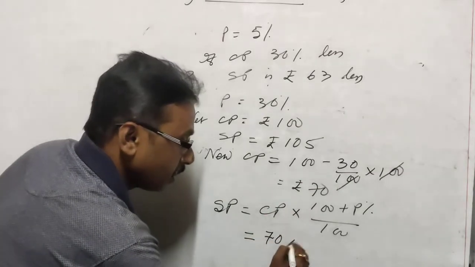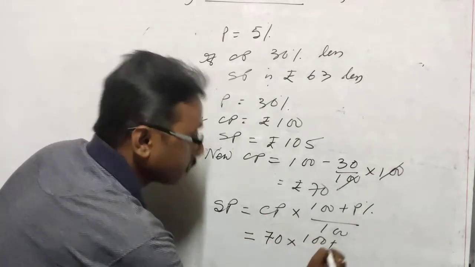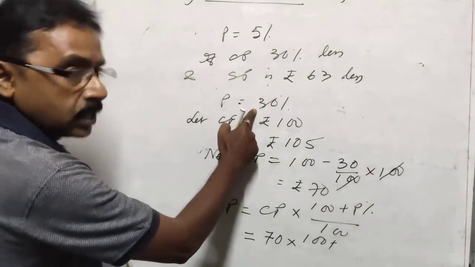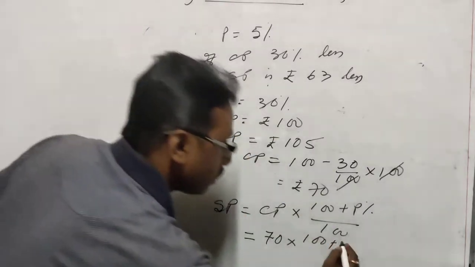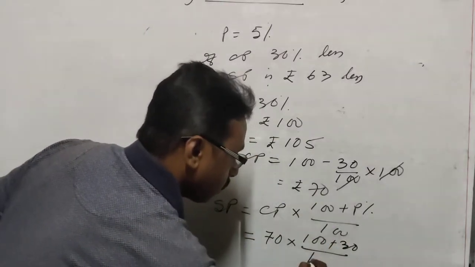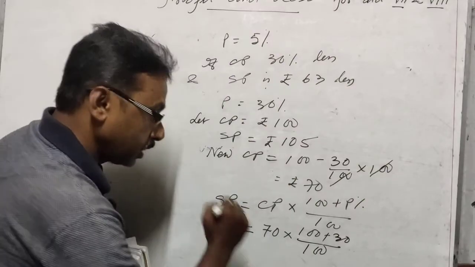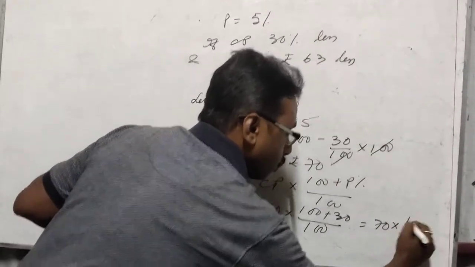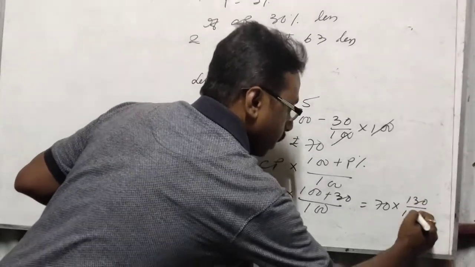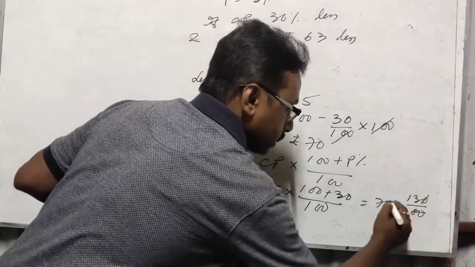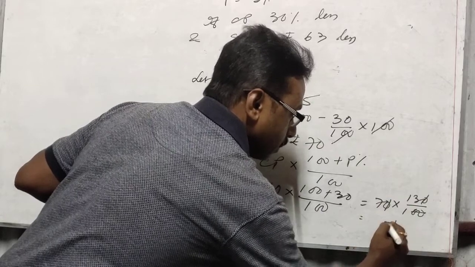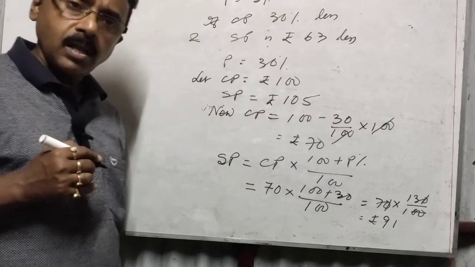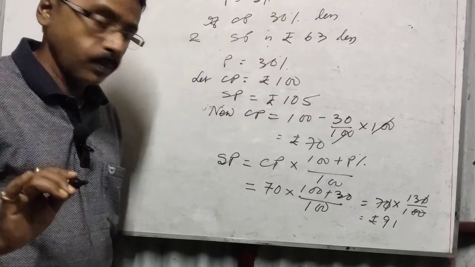So 70 into 100 plus the new profit percent, 30%. So it comes 70 into 130 by 100, that is rupees 91. So rupees 91 is the new SP.